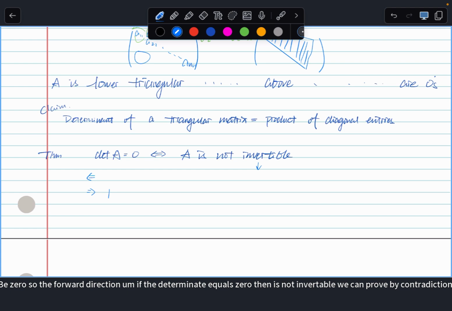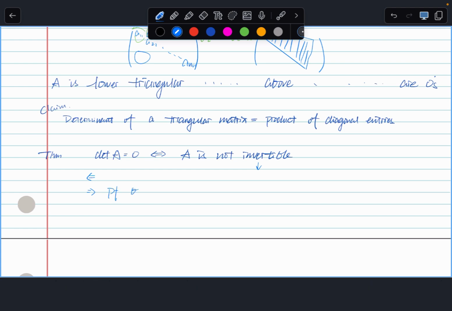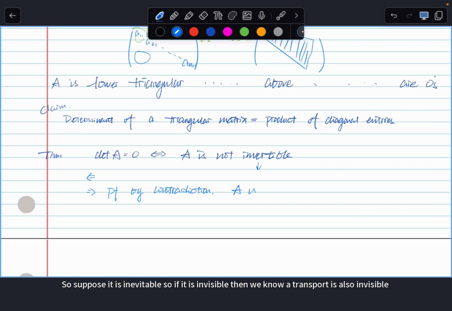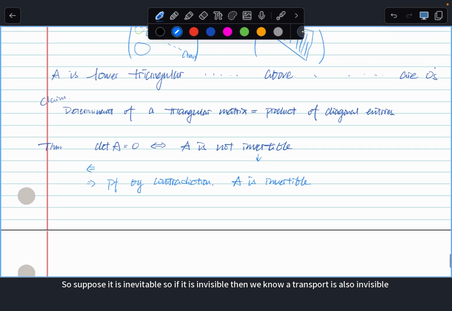We can prove this by contradiction. So suppose A is invertible. Then we know A transpose is also invertible. If A transpose is invertible, that means we can do row reduction.